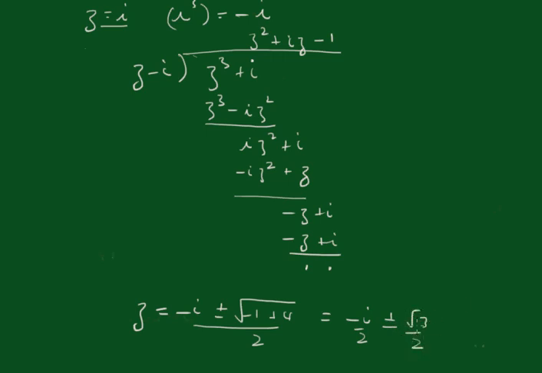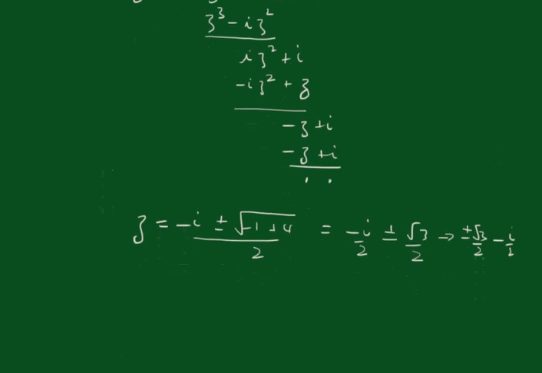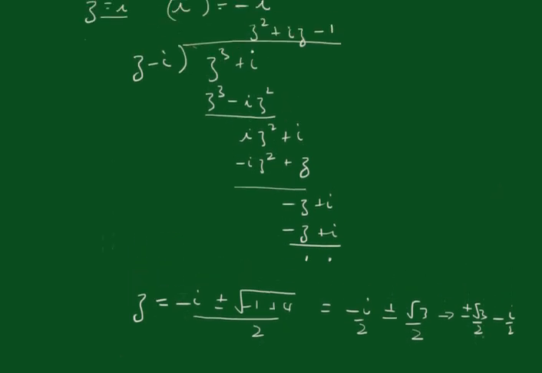So the solution. You see, this is not coming in conjugate pairs, because we should really rearrange it the other way. See, it's plus or minus root 3 on 2 minus i on 2. That's not a conjugate. Well, it looks like it could be, doesn't it? All right, now what we'll do next is do the faster technique.